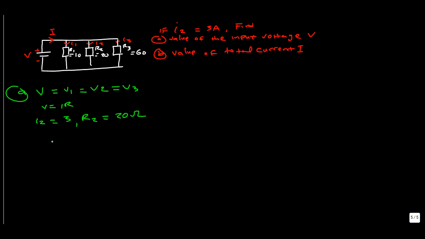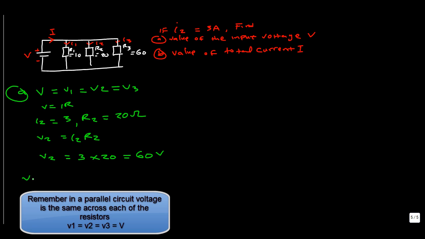So V2 is equal to I2 times R2, which is 3 times 20, and that's 60 volts. Your input voltage is the same as V2, which is the same as V1, which is the same as V3, which is equal to 60 volts. And that is part A done.